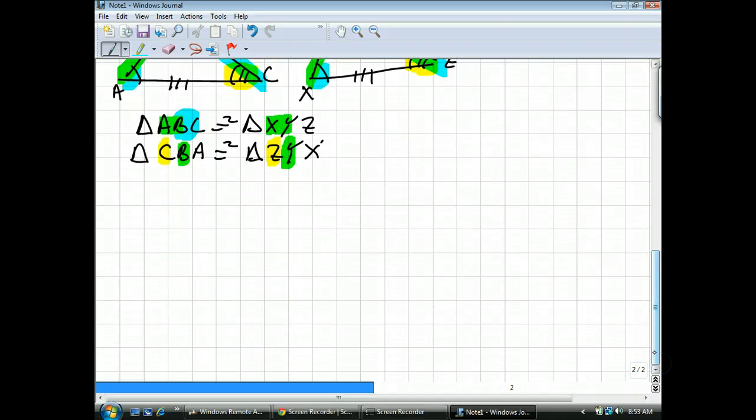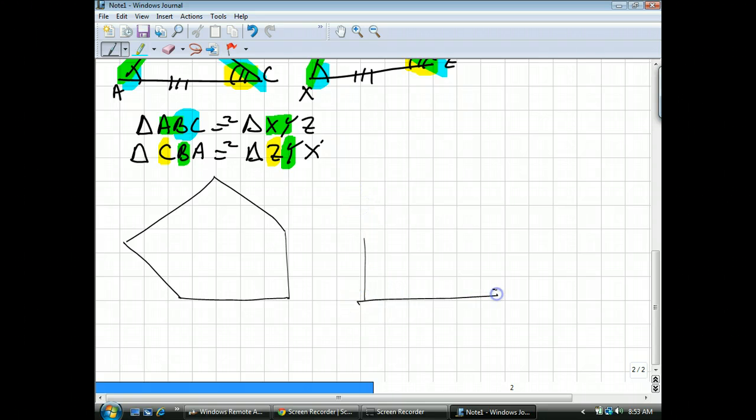So let's say I have something that looks like this. So this is a right angle, this is a right angle, and so this is A, B, C, D, E, and this is S, T, R, Q, and P. Okay?